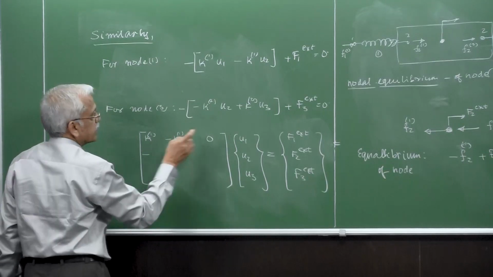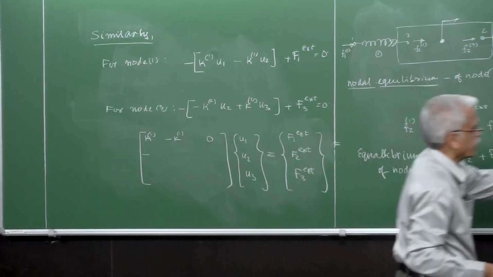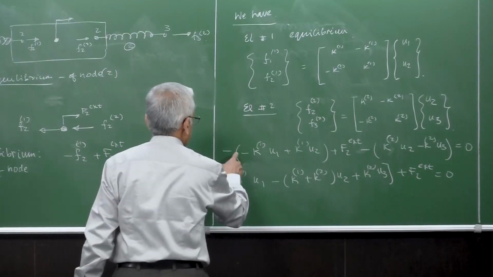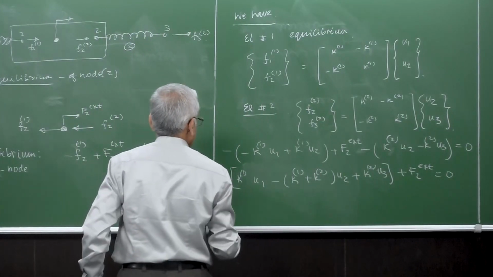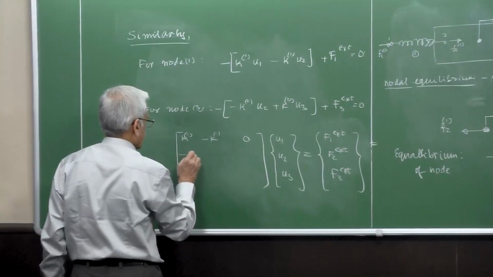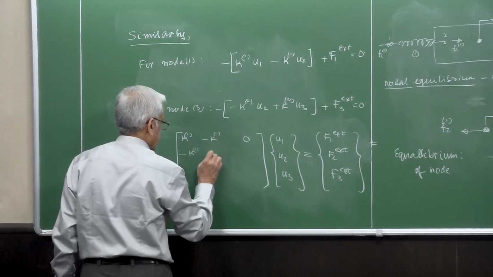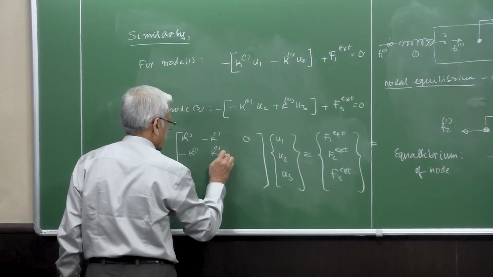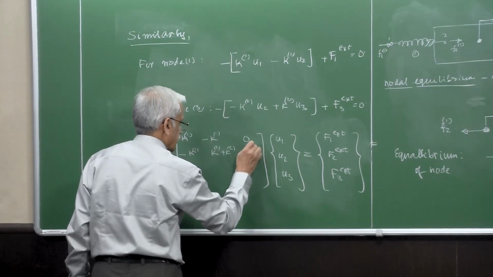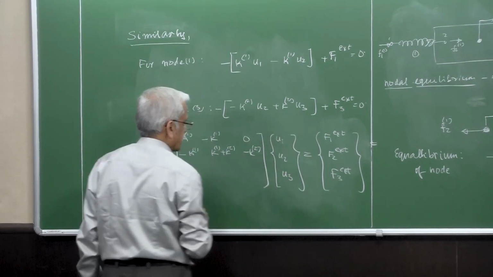The second equation is coming from the nodal equilibrium of node 2: minus K1, K1 plus K2, and minus K2, multiplying U1, U2, U3.